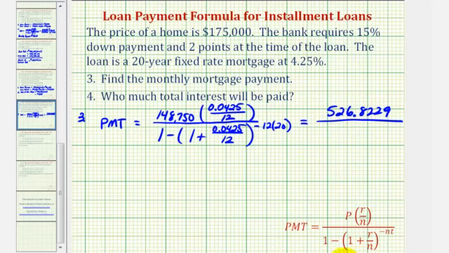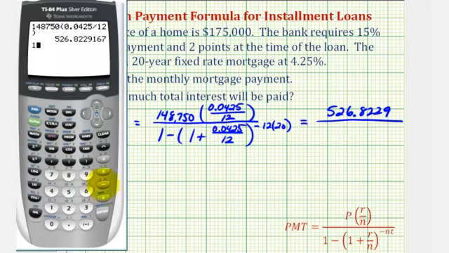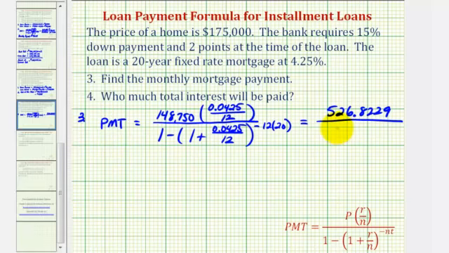And now for the denominator, we'll have 1 minus the quantity 1 plus 0.0425 divided by 12, raised to the power of negative 240, so we have approximately 0.57194, and I will find this quotient.